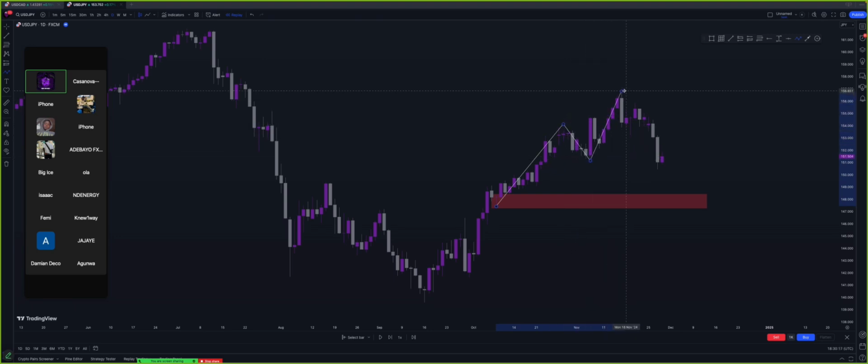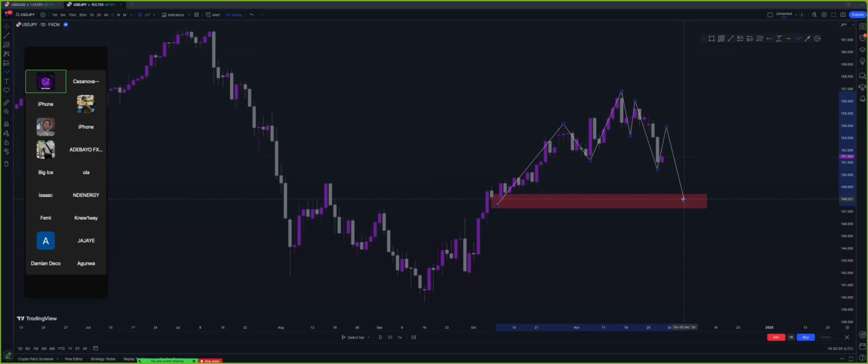So what should we expect? Now that we've seen the market pulling down, this is what we consider to be the internal structure. This pullback is the internal structure. So we'll be expecting the market to respect the internal structure until it gets into this demand zone.